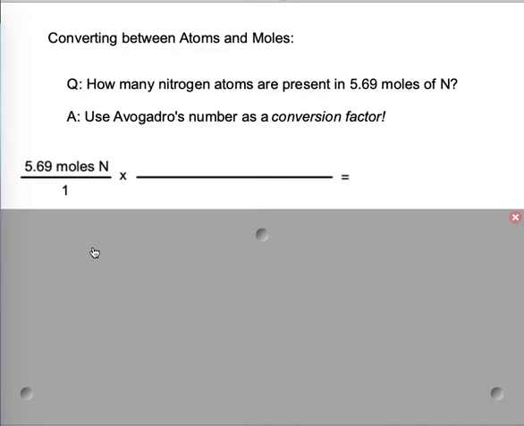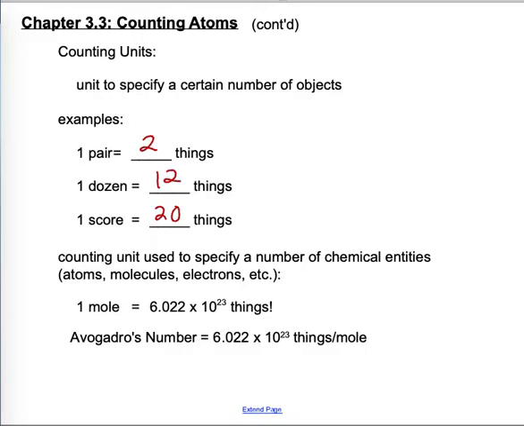I know my conversion factor will have to have atoms of nitrogen in the numerator and moles of nitrogen in the denominator. I look at Avogadro's number, and I see that the number that goes with things or atoms is 6.022 times 10 to the 23rd. The number that goes with moles is 1.